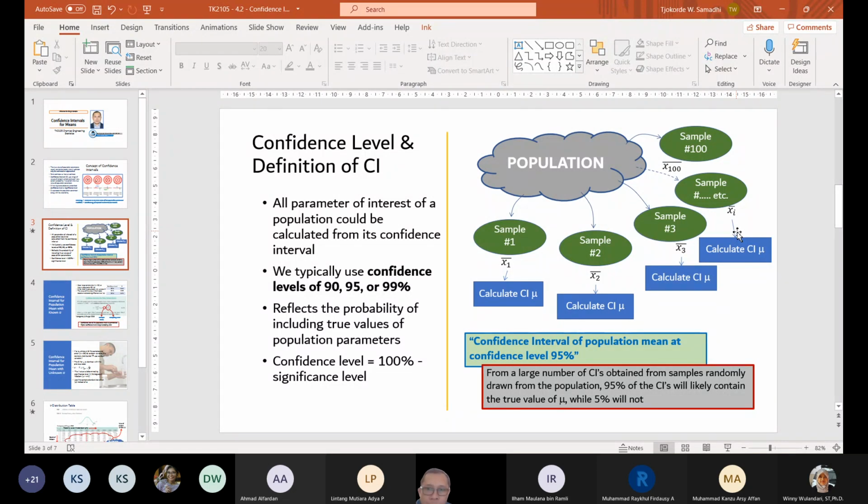In this case, you have 100 confidence intervals of mu. So from these 100 confidence intervals, when we calculate the interval at a confidence level of 95%, then 95% of those CIs will actually contain the value of mu and 5% will miss it.